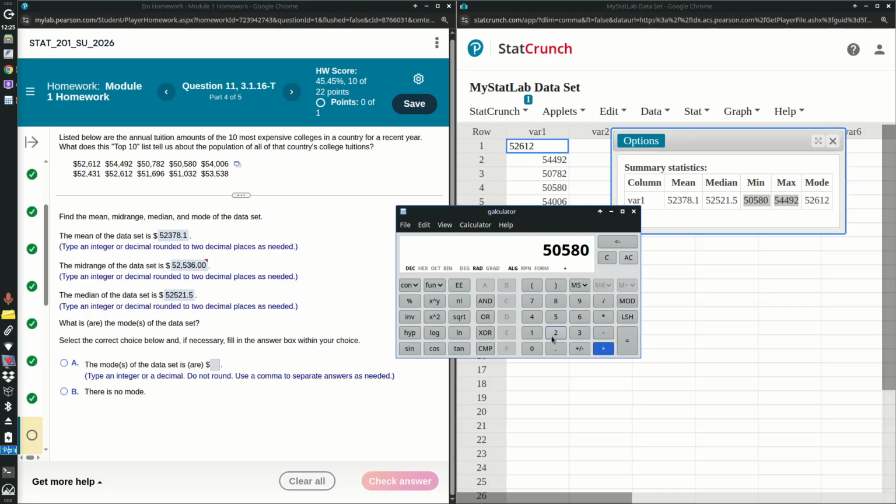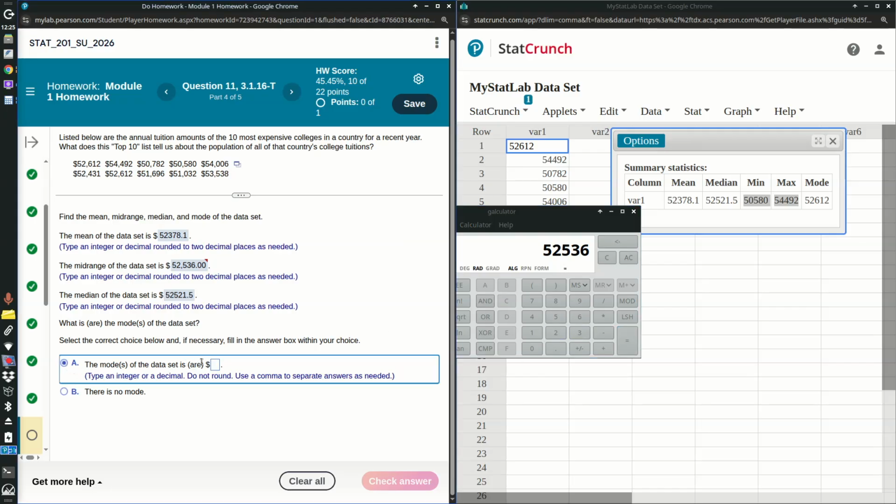50,580 plus 54,492 equals, and then divided by 2. Okay, and then that gives us our answer of 52,536. So sorry about that. I completely just ignored the word. I was doing it in the same order because the problems before all went mean, median.